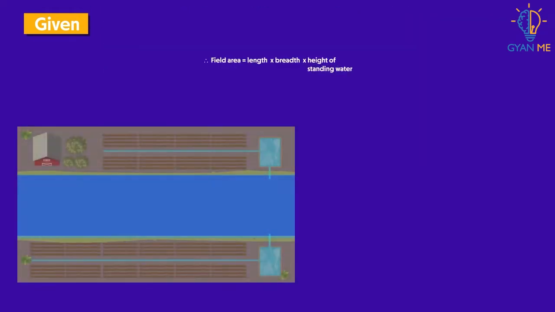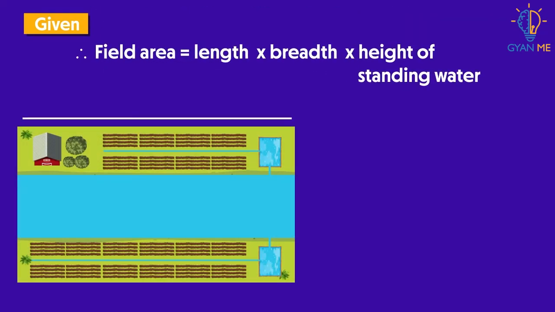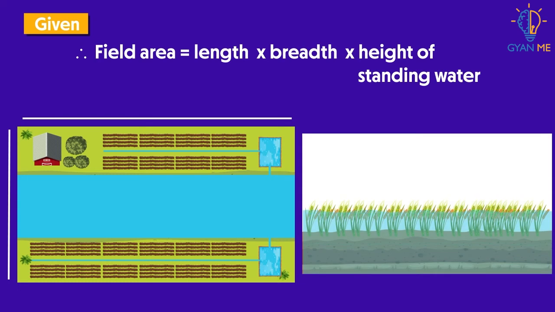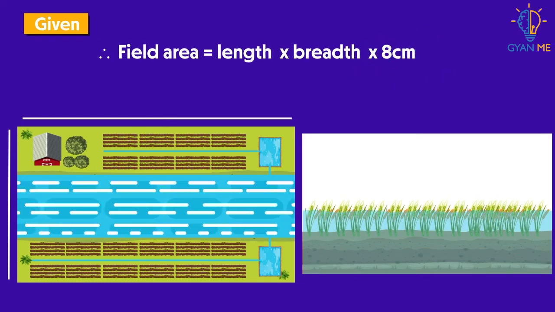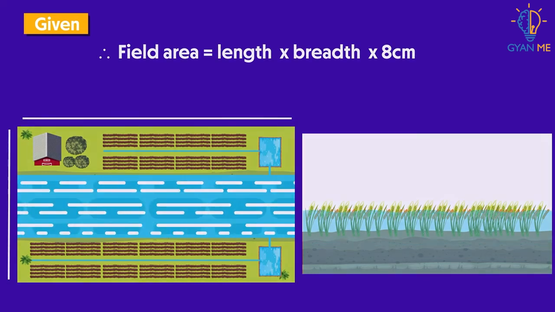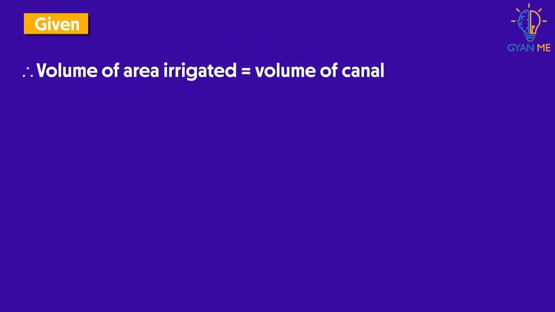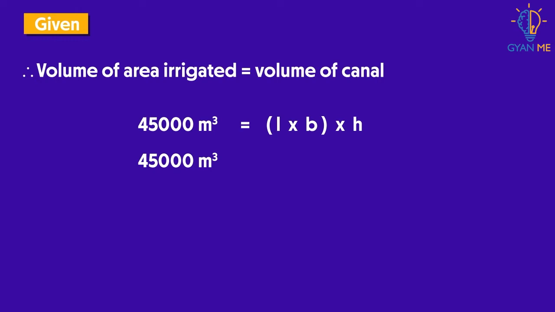Here, for the field, area is length into breadth and height is nothing but the height of standing water, that is 8 cm. Therefore, the volume of the area irrigated is equal to the volume of the canal. Therefore, 45,000 meter cube is equal to length into breadth into height. On substituting the value, we get 45,000 is equal to area irrigated into 8 cm.